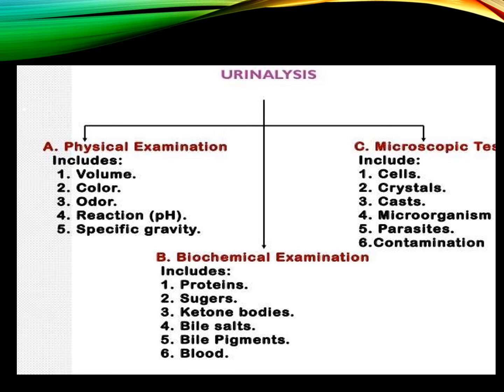The microscopic examination tests for cells, crystals, casts, microorganisms, parasites or any contamination present in the urine. The biochemical examination includes determination of proteins, sugar, ketone bodies, bile salts, bile pigments and blood in the urine sample.